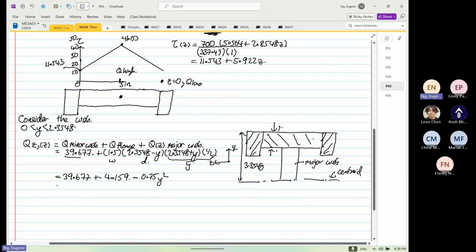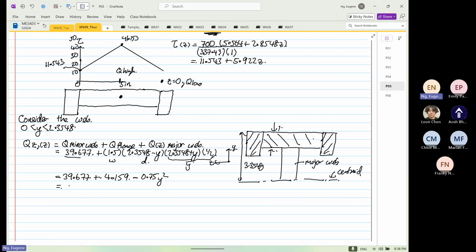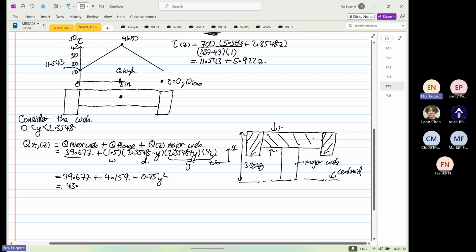Okay, so this will be equal to 39.677 plus 4.159 is equal to 43.836 minus 0.75 y squared.